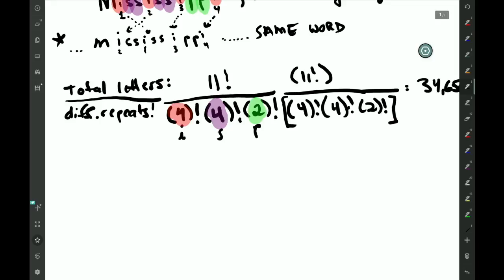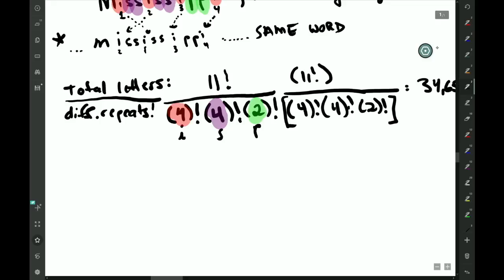So another example, let's say instead you're looking at the word dad. D-A-D. Simply put, how many ways can you arrange? Ways to arrange. And it doesn't matter if it is a word or not.